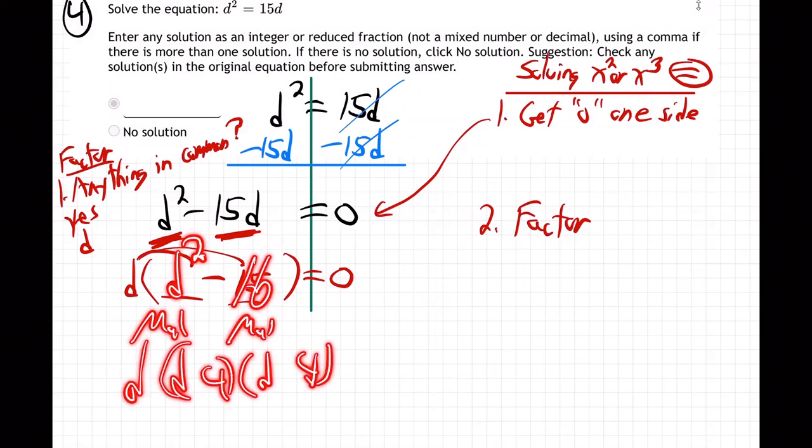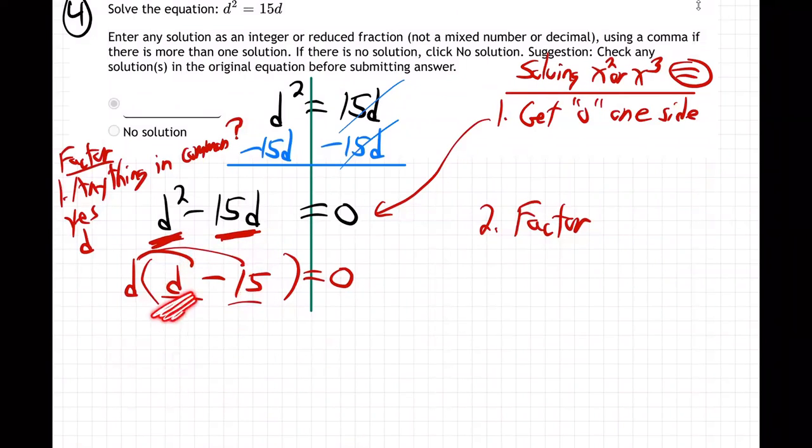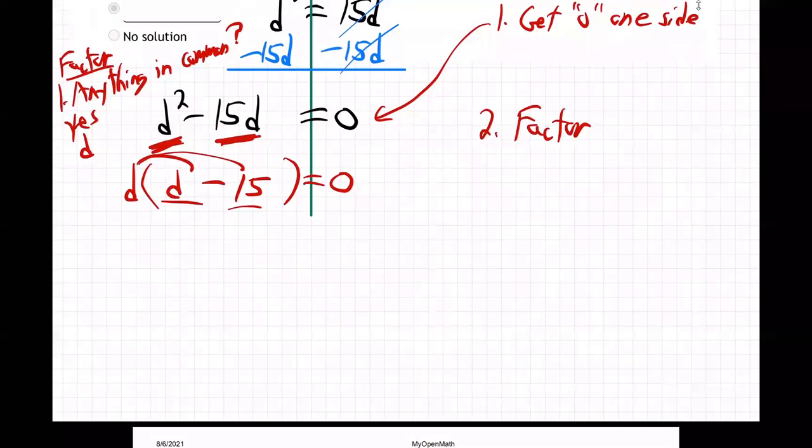And I'd leave that other d in the front, right? I'd put 1 plus, 1 minus, wouldn't I? But it's not, it's just regular d. And it's 15, which you can't do that. So because it's just regular d, it's not d squared, I'm done. The factoring is over. That's all the factoring we're going to do.